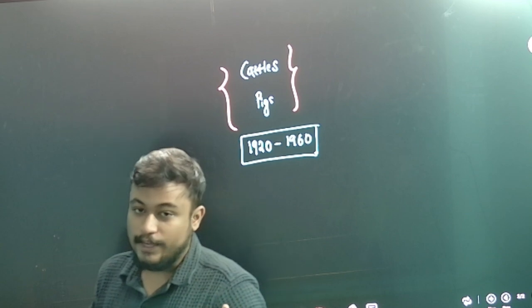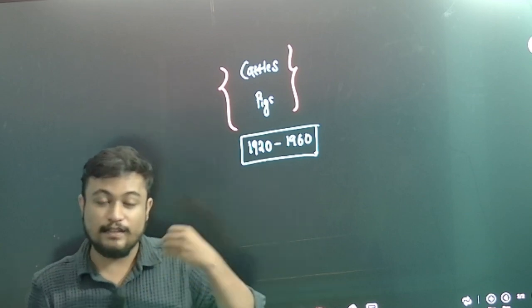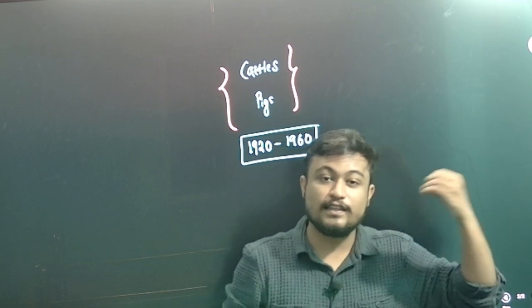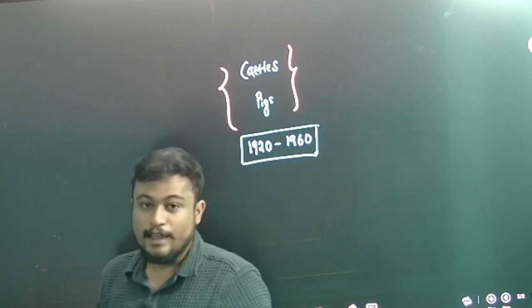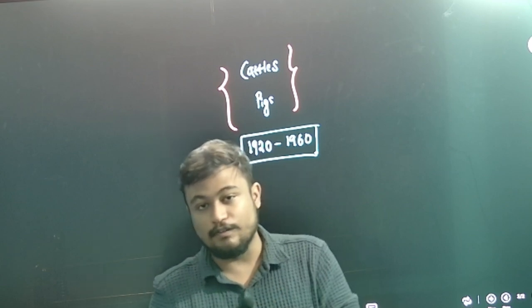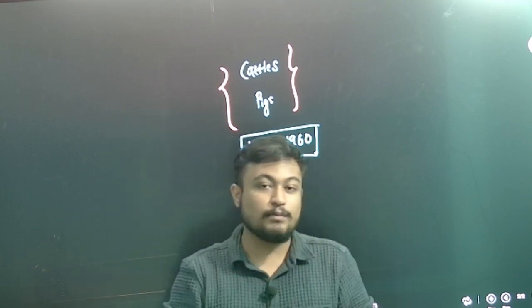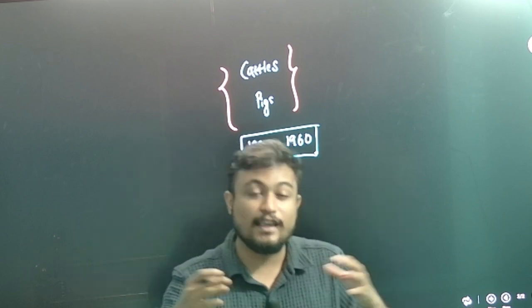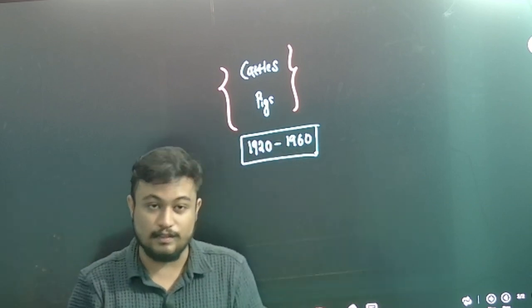But we all know that our body's insulin is structurally different from the insulin of the cattle or the pig. And we know that our body has a property of self and non-self. Whatever is inside our body, we consider it as self, और जो हमारे body में नहीं होगा, we consider it as non-self.